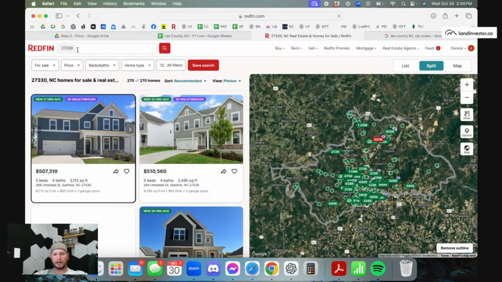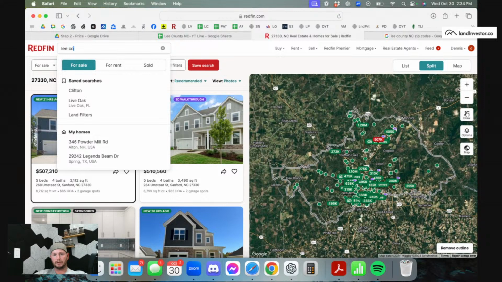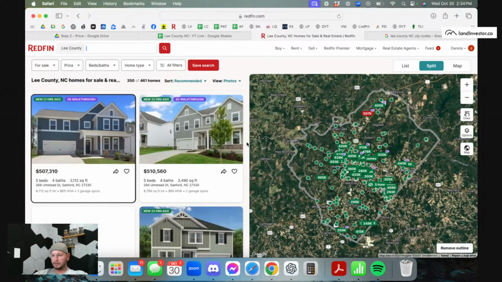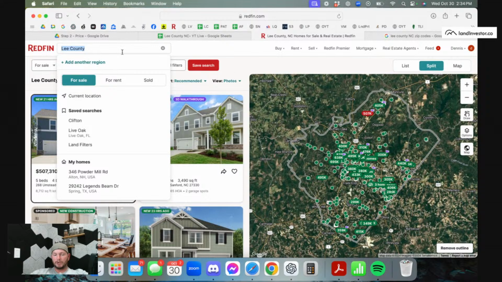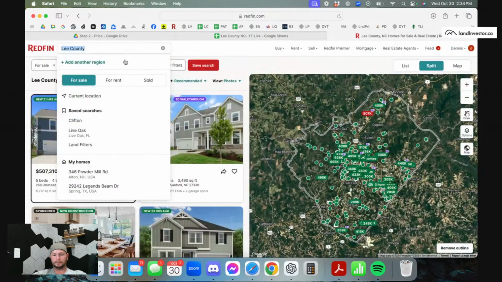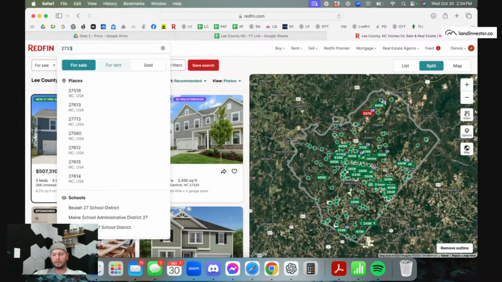And then if we look at Lee County in general, see how Lee County is this whole encompassing area. There's this upper zip code and this lower zip code right here. There's actually like 5 that technically touch this area, but we're going to focus on just these main 2 and project for the rest. So let's go back to that one zip code, 27330.